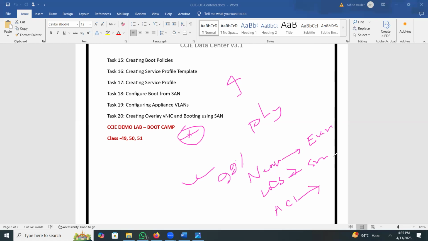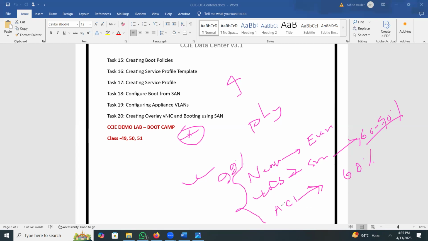For UCS you can do about 60 to 70% of the lab, so your satisfaction will be 60 to 70% because this is not actual hardware. Cisco ACI is also about 60% because this is not hardware.